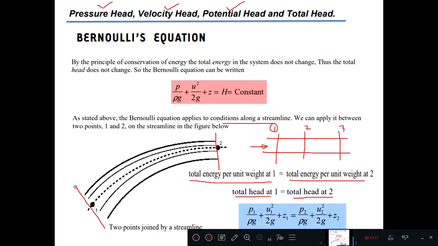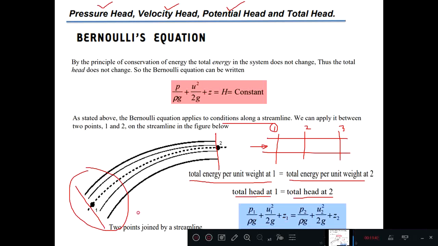So when you are applying Bernoulli's equation at section 1 and 2, you need to write the total energy. Total energy consists of pressure energy, kinetic energy and potential energy. So at section 1, you write P1 by rho G plus U1 square by 2G plus Z1.